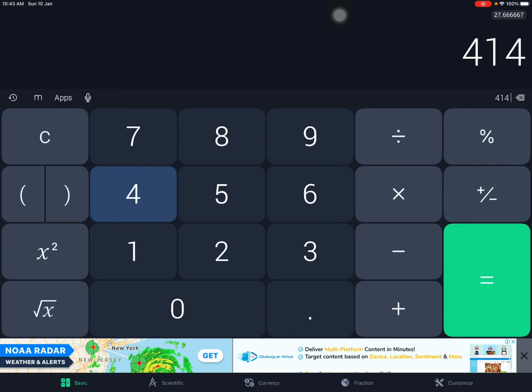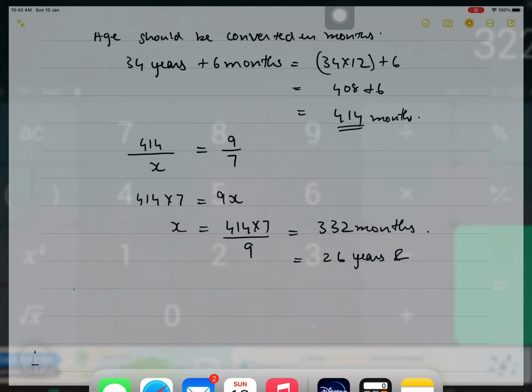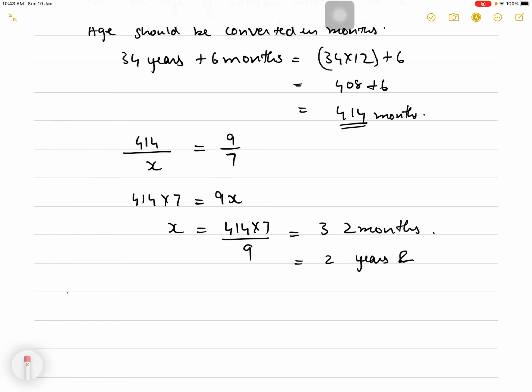Just a second. 414 into 7 divided by 9, it comes to 322. Sorry, not 332. Okay, so this is 322 months.